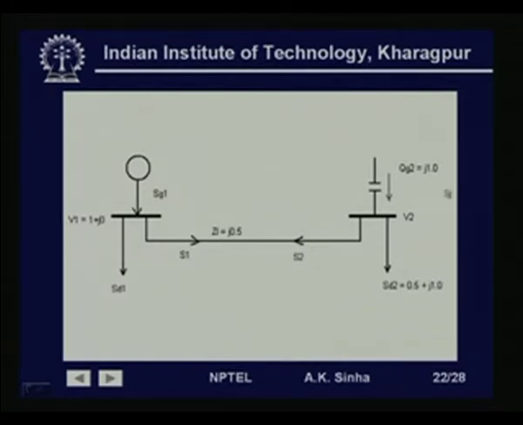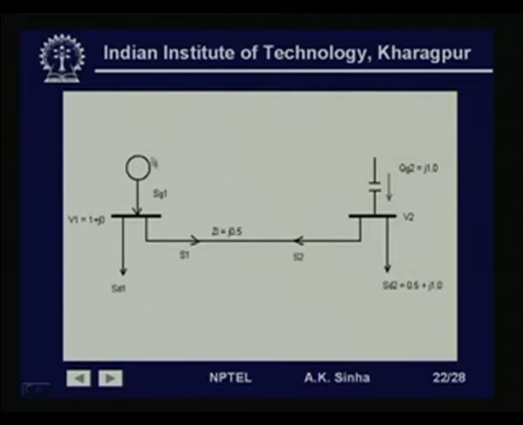Now, at bus 2 we have a capacitor connected, which is injecting Qg2 power equal to 1 per unit, and we have a complex load SD2 equal to 0.5 plus j1.0. So, the injection at this bus is known, and we need to find out the voltage magnitude and angle at bus 2.